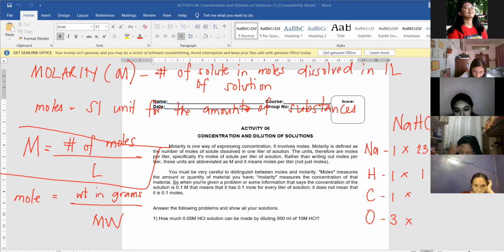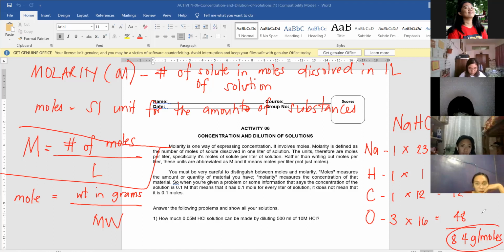Hydrogen is 1. Carbon is 12. Again, round the atomic weights sa nearest whole number. And lastly, oxygen is 16. So this is 48. So if we add, this is 14, carry 1, 84. So yes, the correct answer is 84 grams per mole. Okay, 84 grams per mole ang ating molecular weight for sodium bicarb.